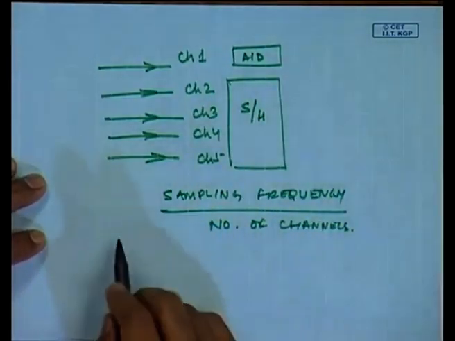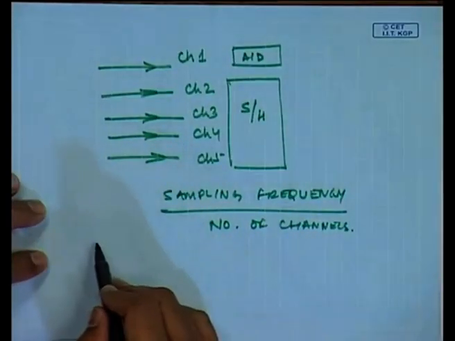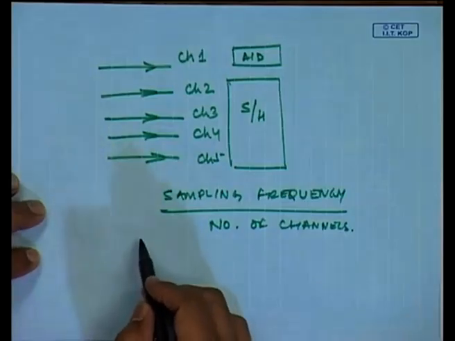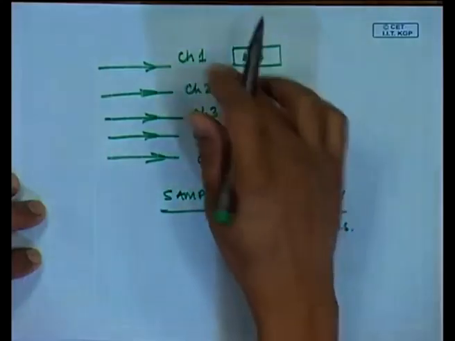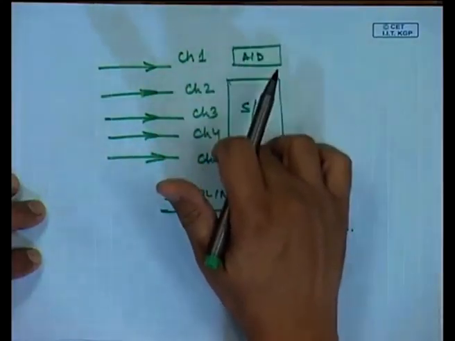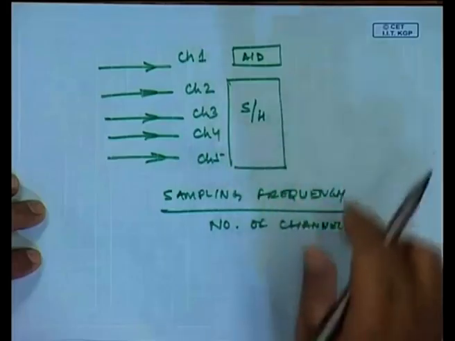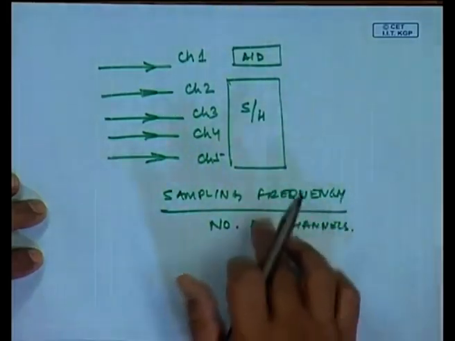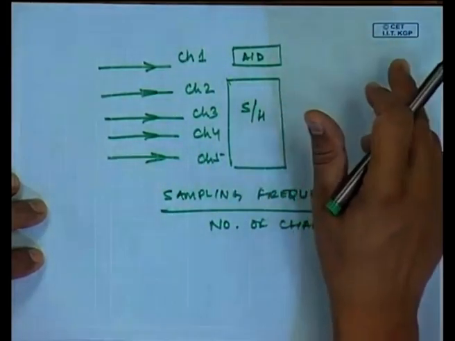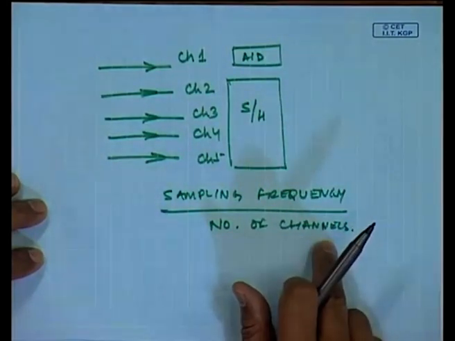Okay. So, AD cards have multiplexers built in, but nowadays there are cards wherein real time operations are there. There are individual A to D converters for each channel. Okay. So, every channel samples at the same frequency, and we do not divide it by the number of channels.